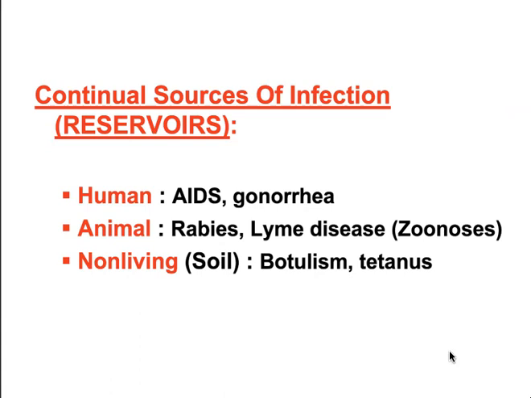Ang animals naman, sa dogs, like may rabies, cats, Lyme disease sa mga ticks, okay? And then some thrive well in non-living things like the soil, like yung botulism and tetanus. Okay? Agents of botulism and agents of tetanus.